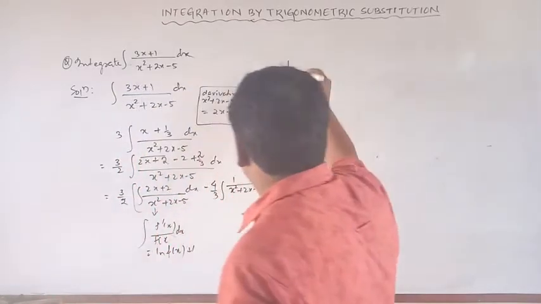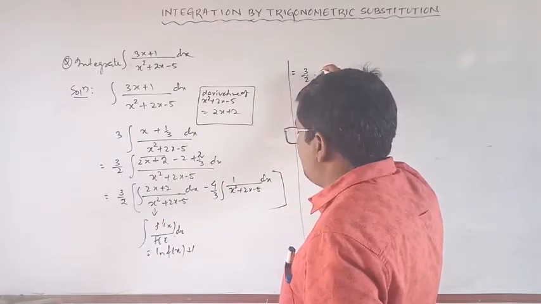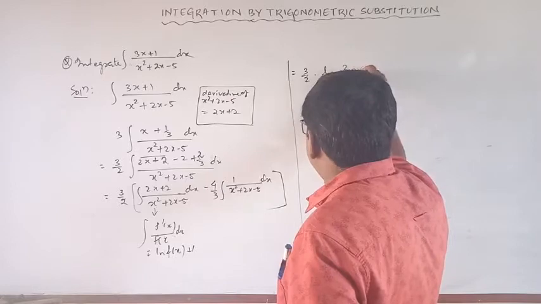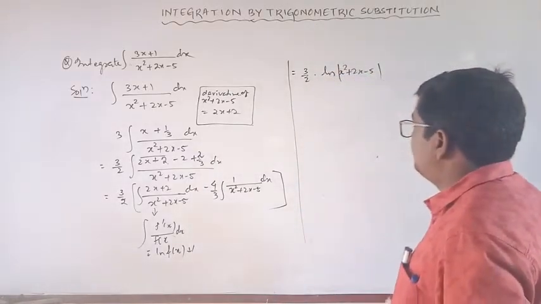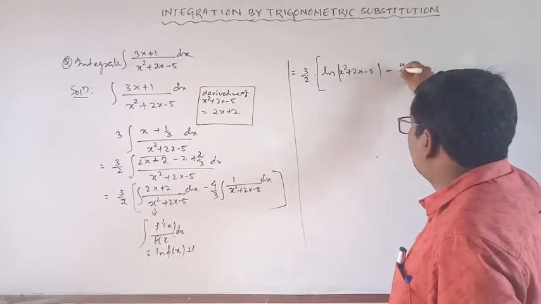So 3 by 2 into log of x squared plus 2x minus 5, and this is equal to minus 4 by 3.